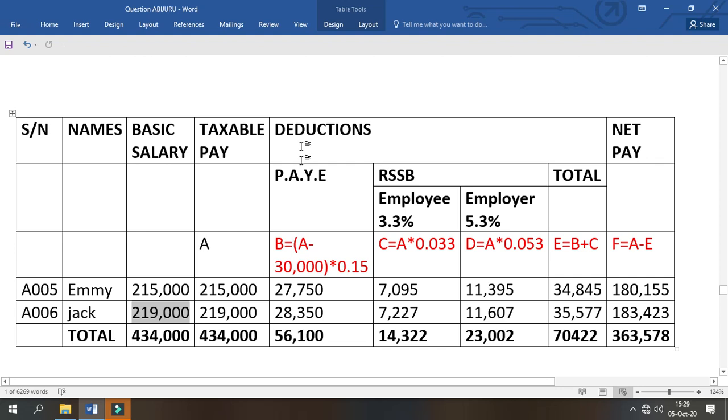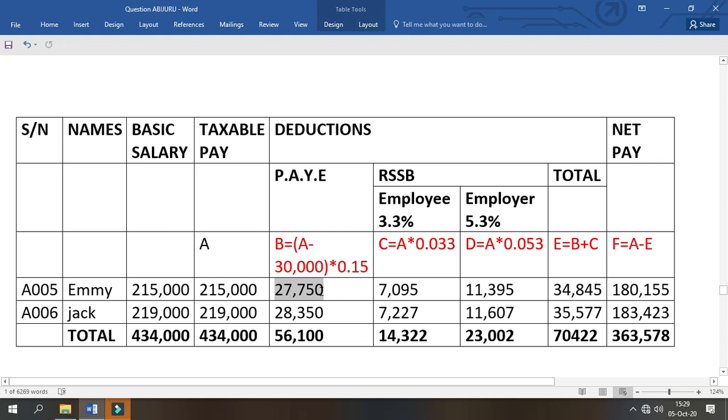So we are going to see the deductions. The first deduction is the pay as you earn. On this payroll page, the pay as you earn for Amy is 27,750.